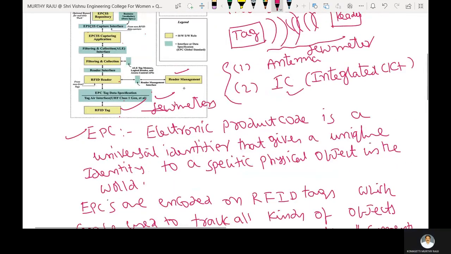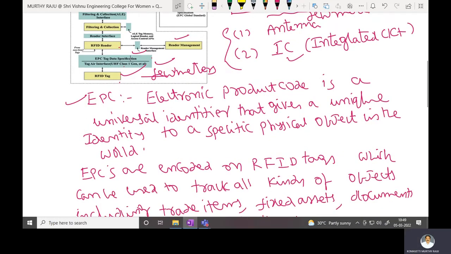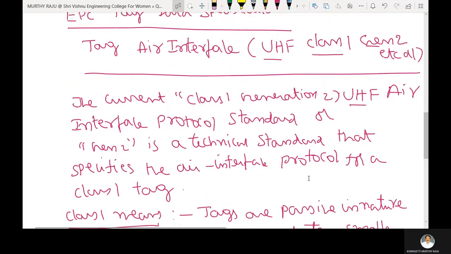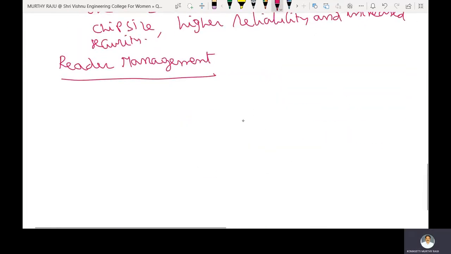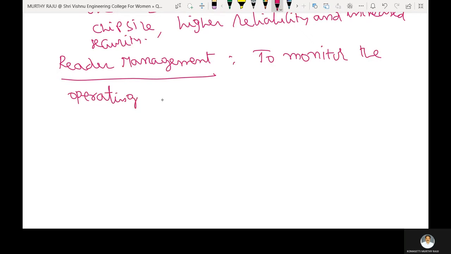It is a protocol, and also software, to monitor the operating status and health of the RFID radars.